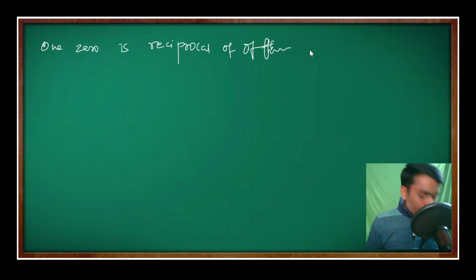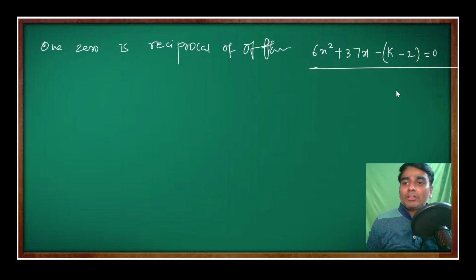The polynomial given is 6x square plus 37x minus k minus 2 equal to 0. This is the polynomial given to you. They are asking you to find the value of k. Find k is the question.